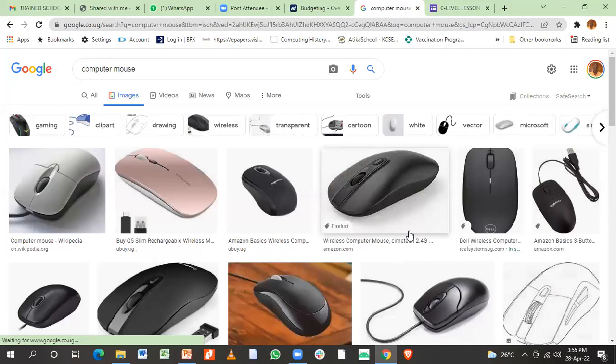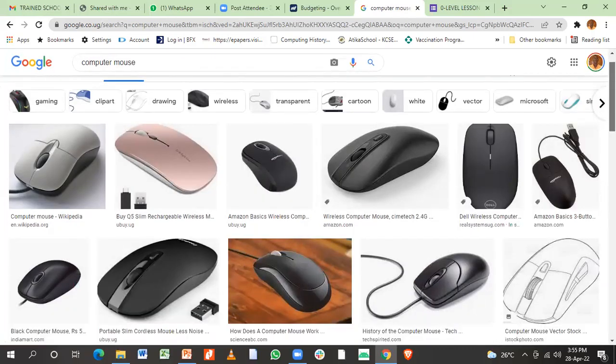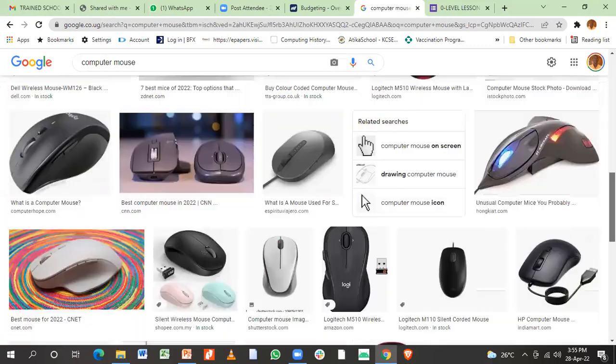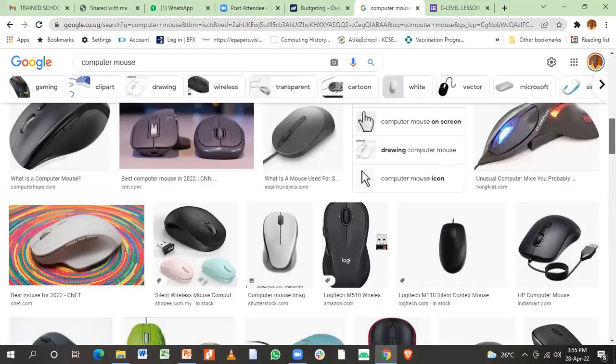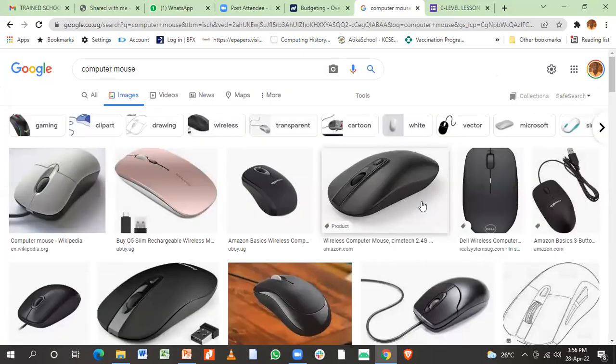You know the different categories of mice that exist, because we have those that use a ball underneath, and then those that emit a light to enable the mouse to move. So all these things, ideas, we need to know as far as computer hardware is concerned.